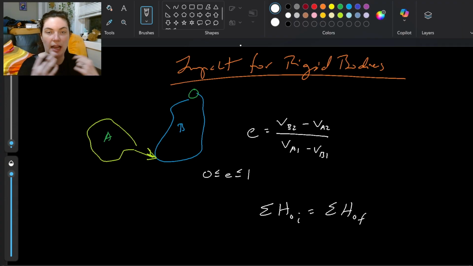So most of the time, we want to draw what it looks like before impact and after impact for our kinematic diagrams. What are the velocities? What are the angular velocities? Then use this combination of equations to solve for any unknowns we're looking for, which again are typically velocities and angular velocities in these cases.